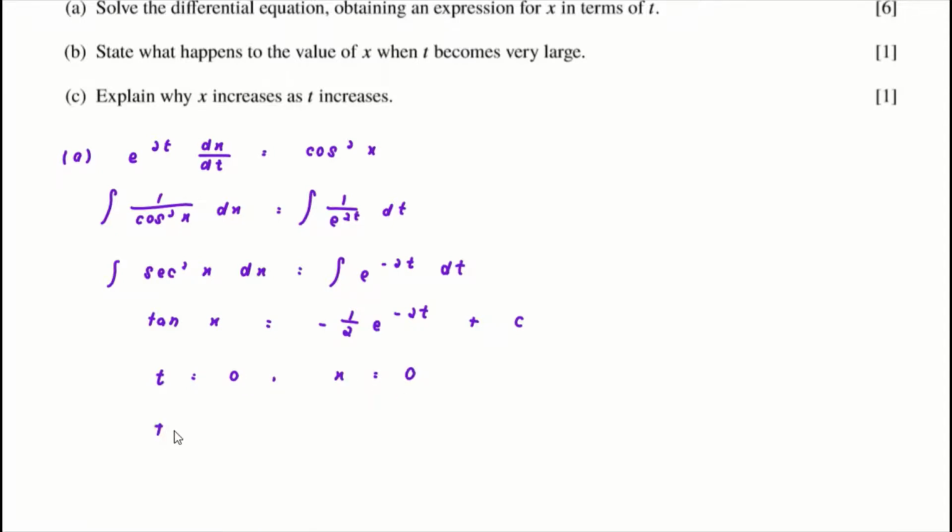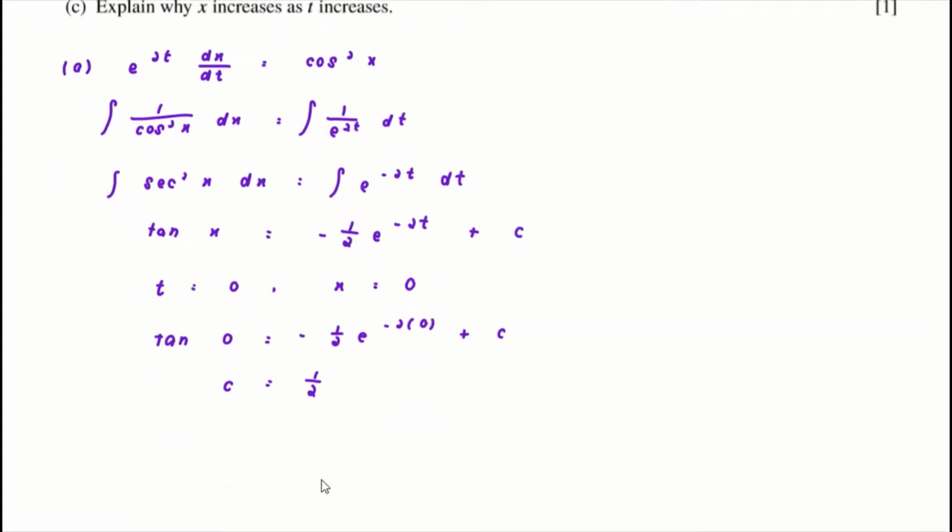So tangent 0 equals negative 1 over 2 e to the negative 2 times 0, plus c. This gives you 1. Tangent 0 is just 0, so c is equal to 1 over 2. Let's rewrite it: tangent x equals negative 1 over 2 e to the negative 2t plus 1 over 2.